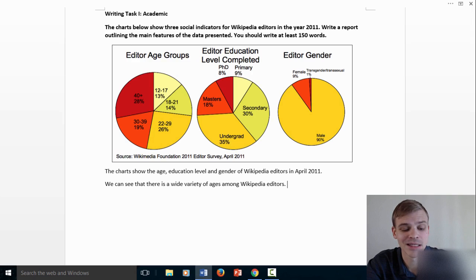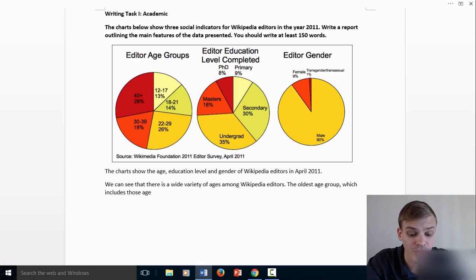I mean, I consider myself mature and I'm not in that group yet, but you know what I mean. So I could write a sentence like the oldest age group, and let me describe, which includes those age 40 and older. What do I want to say about them? It's the largest group, right? 28% is larger than any of the other groups.